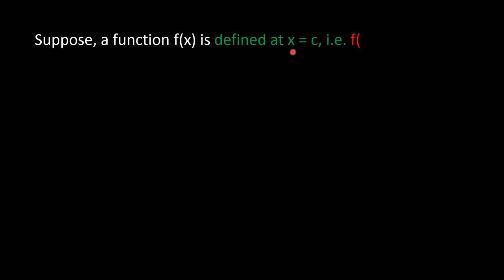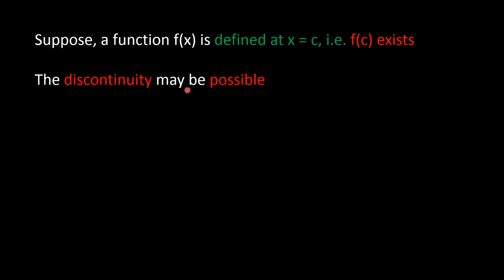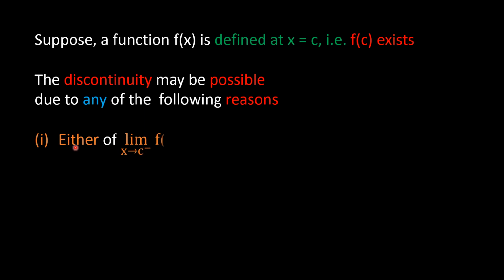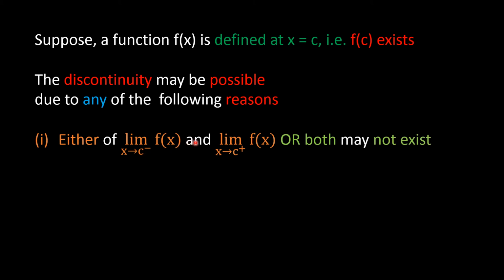Now we will study the conditions under which a function is not continuous. Suppose a function f(x) is defined at x equals c, that is, f(c) exists. The discontinuity may be possible due to any of the following reasons. Number 1, either of the limit of f(x) as x approaches c negative and the limit of f(x) as x approaches c positive, or both of them, may not exist.